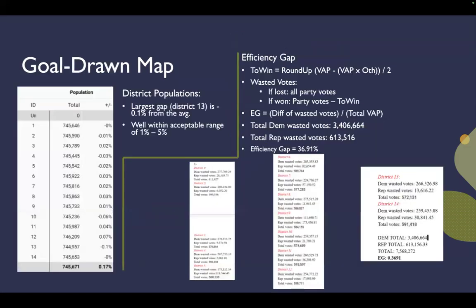For the goal drawn map, we were able to create the districts within 0.01 of the average. So this was definitely very acceptable. And the efficiency gap was 36.91, which is relatively high and expected for a gerrymandered map.